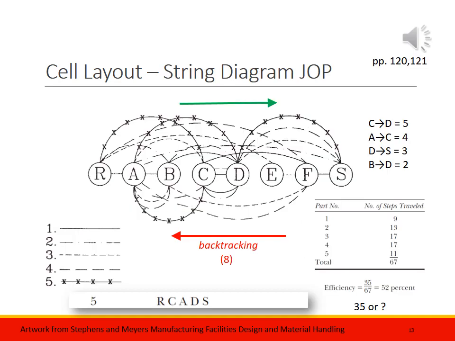Now we're going to take a look at this in a different way. You saw my arbitrary A through B and R and S. Now let's turn to page 120, 121 in your book. This is what the book calls a string diagram. I call it a cell layout, they call it a string diagram. This string diagram methodology is the classic methodology for sorting out how to place manufacturing steps in a manufacturing operation.